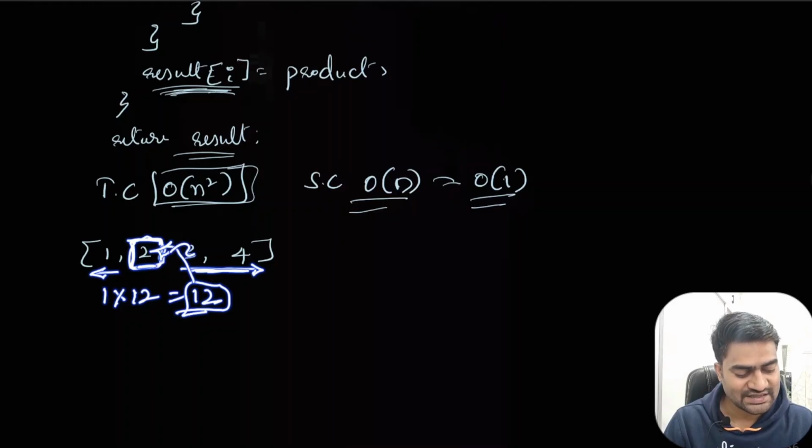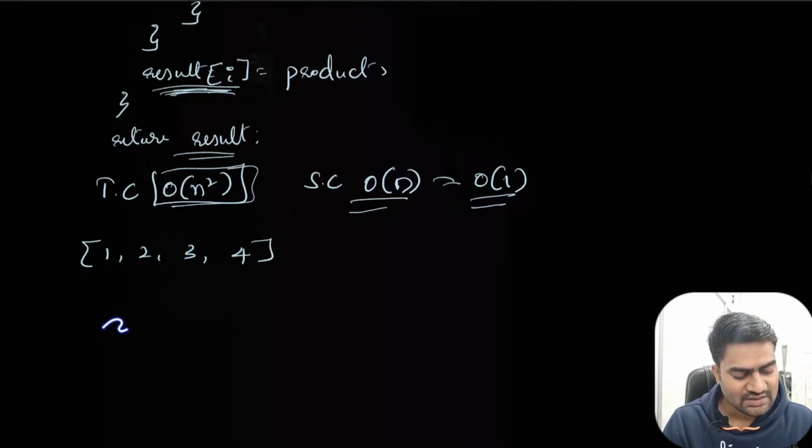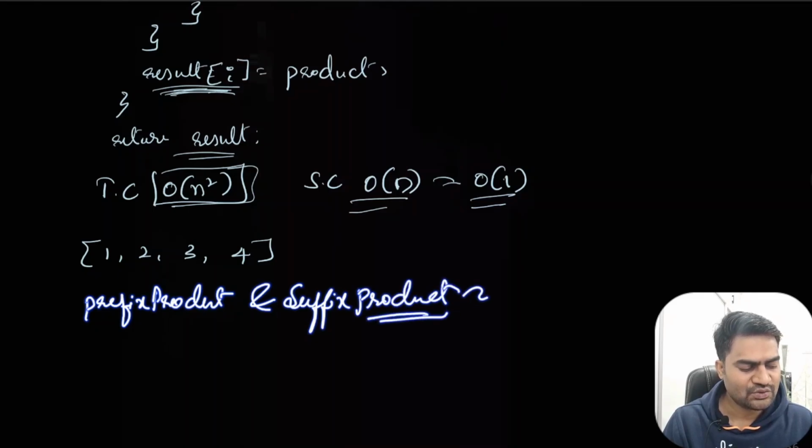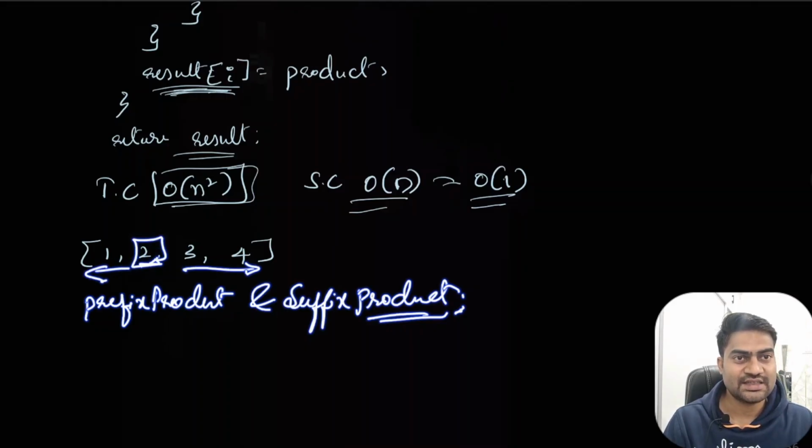So if that is the case, we are relying on the prefix product and suffix product. When you are standing at any position, if you know the prefix product and the suffix product, then we are good.